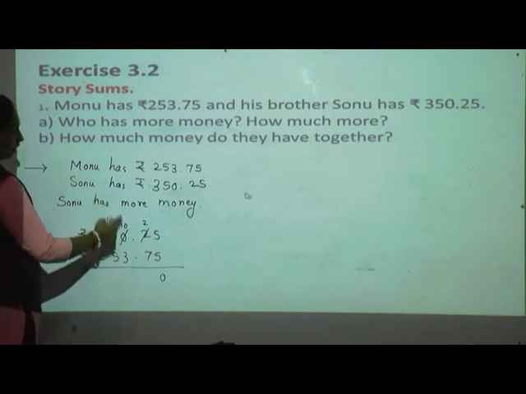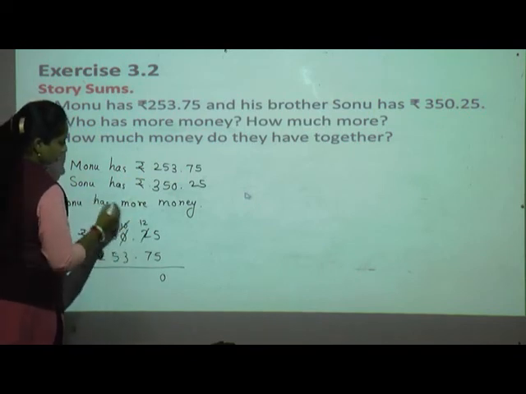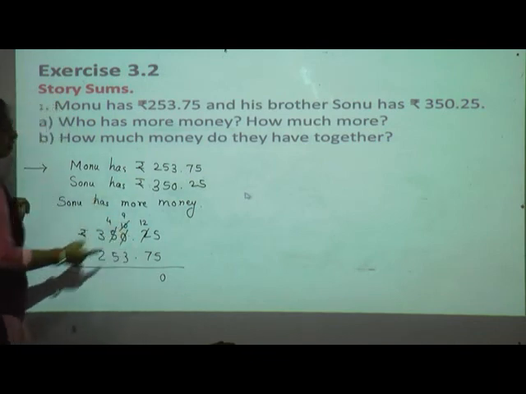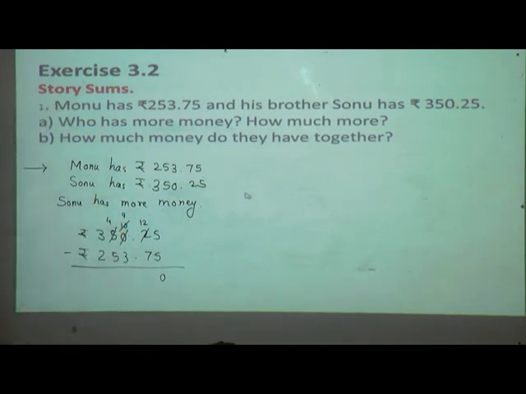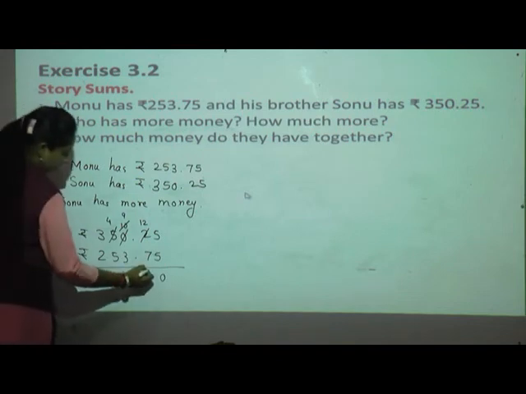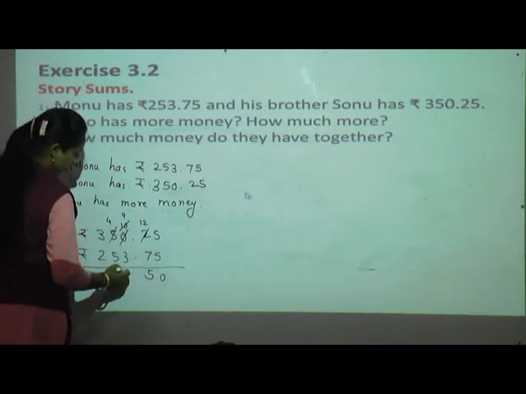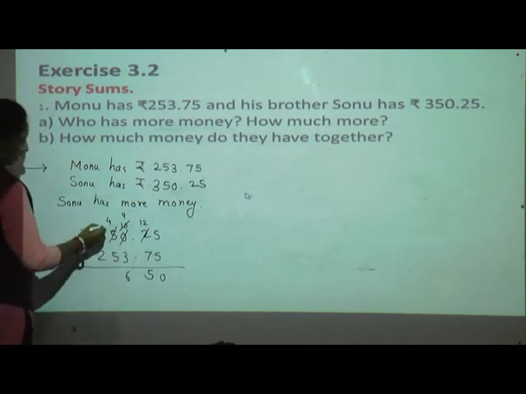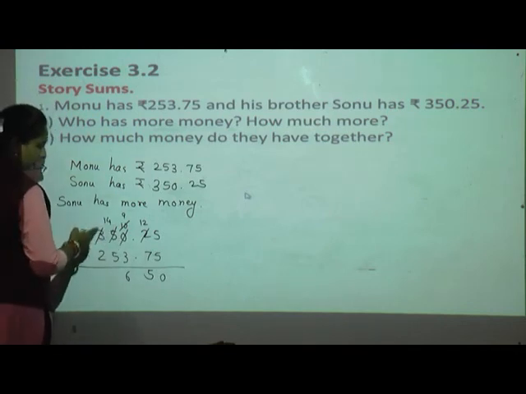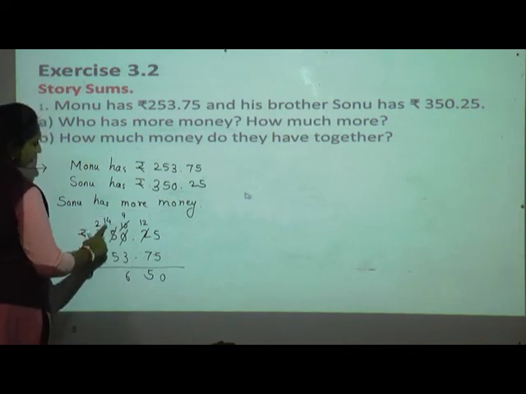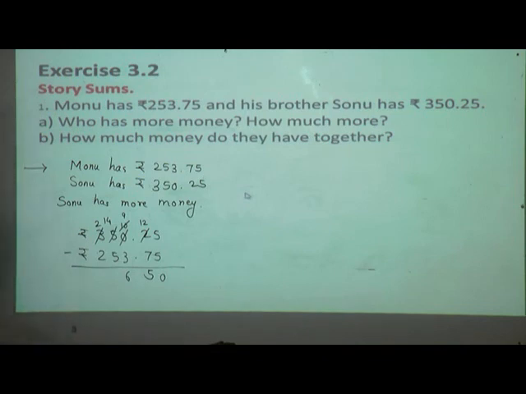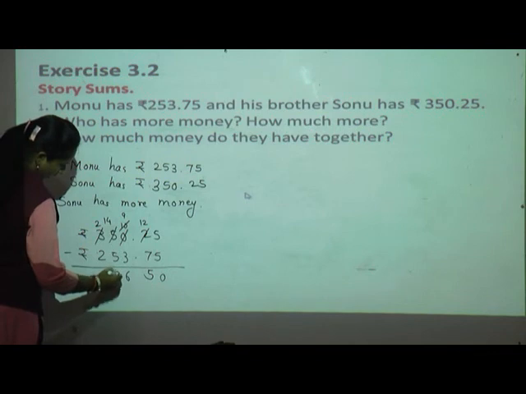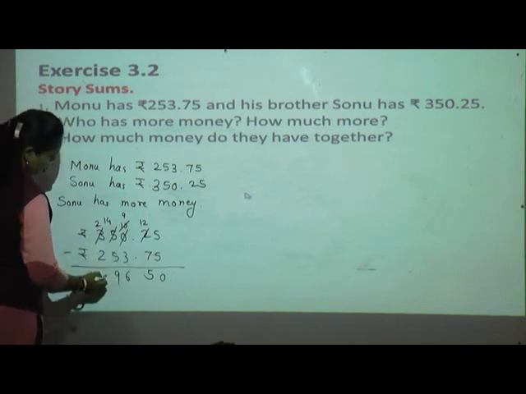Now he has 10, he will give 1, here 1 and here 9 will remain. Now 12 minus 7 is 5, 9 minus 3 is 6, 4 minus 5 we can't do, cut the 3 and give 1 borrow. If we give 1, 2 will remain here. Now 14 minus 5 is 9. Then 2 minus 2 is 0.